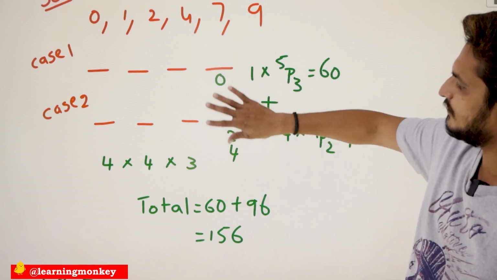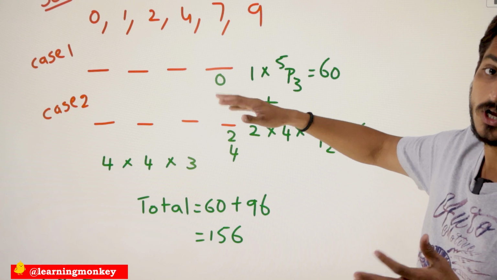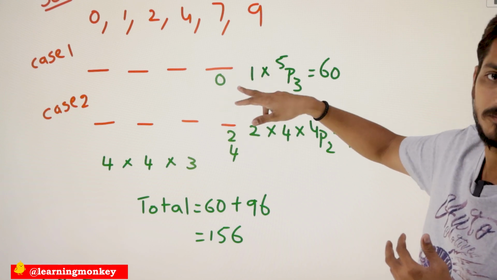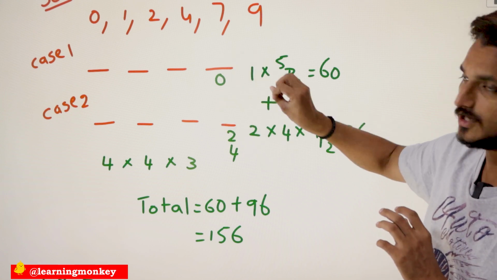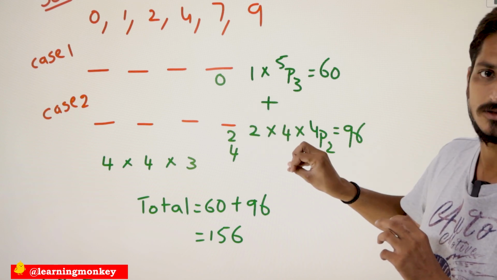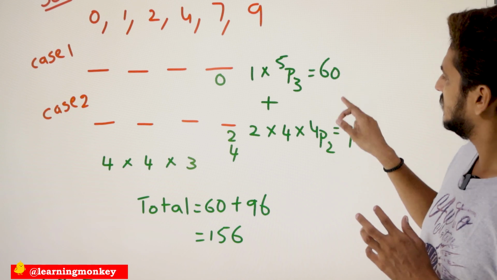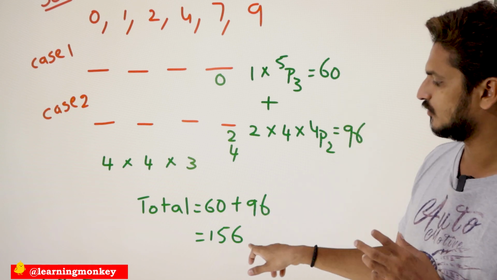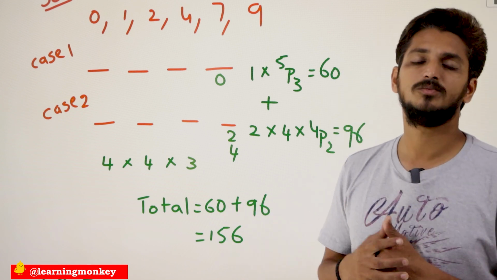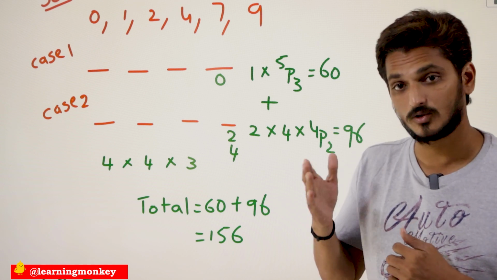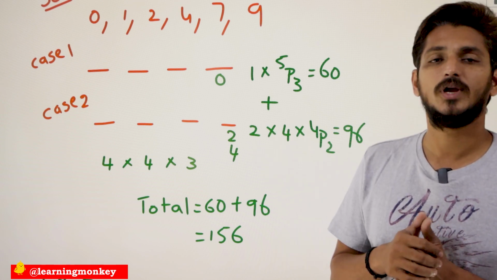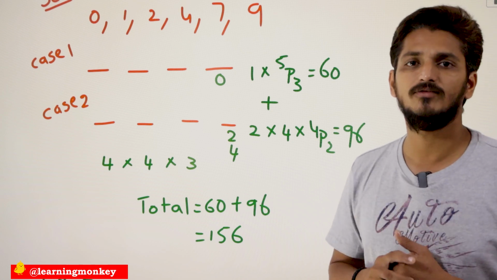Because either this happens or that, we need both of them. You can consider this case or you can consider this case, then we do addition. So 60 plus 96 is equal to 156. Total possible ways you can arrange the numbers to get 4-digit even numbers.